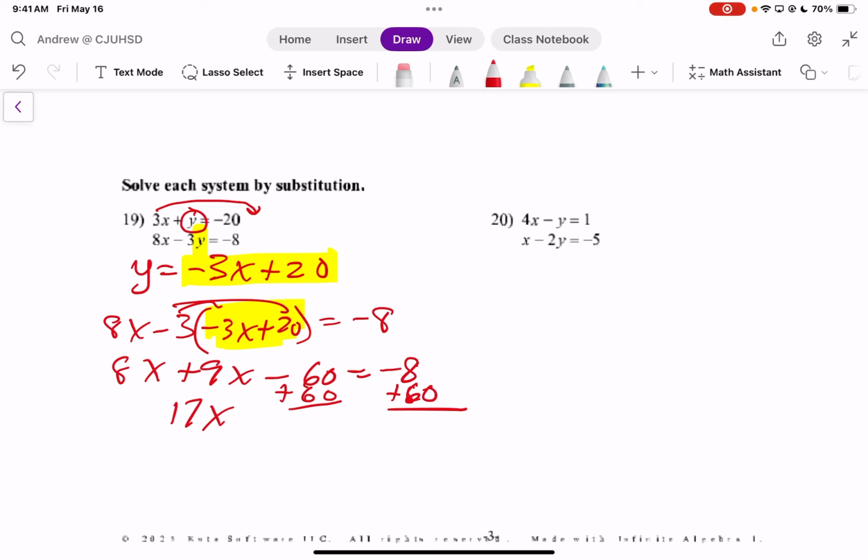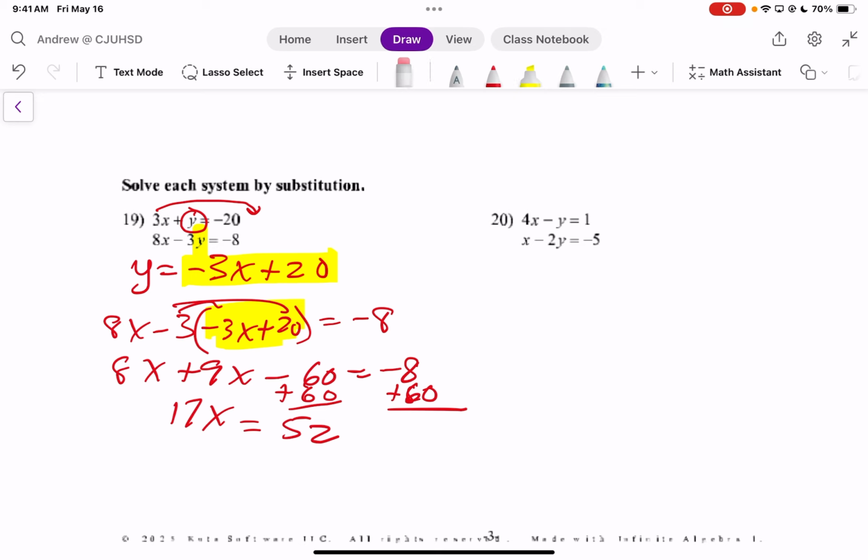And that will give us, what, 52? That's not right, is it? 17 doesn't go into 52 evenly, does it? Where did I miss it? Oh, okay.